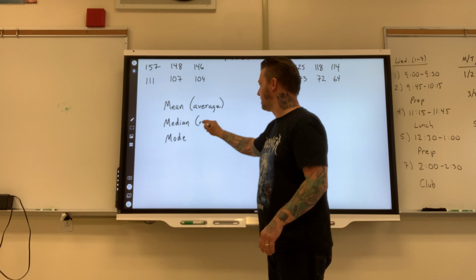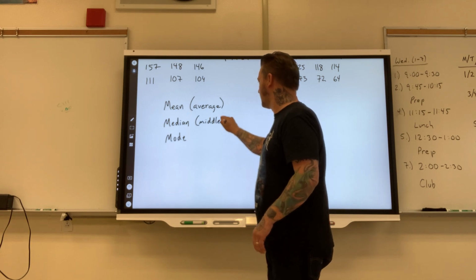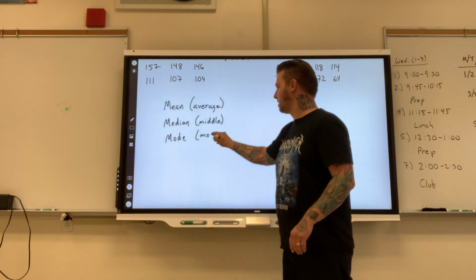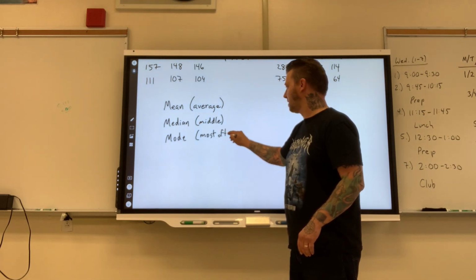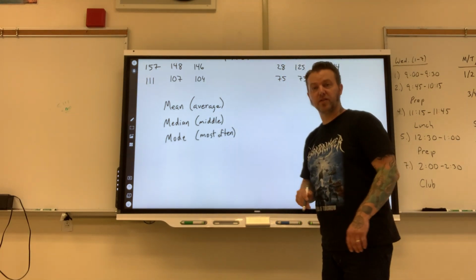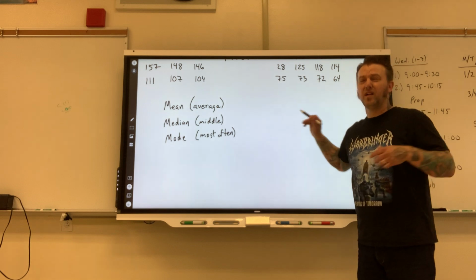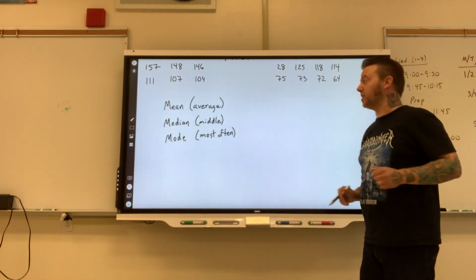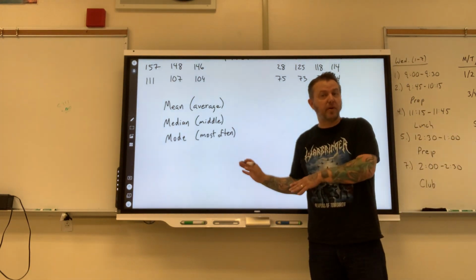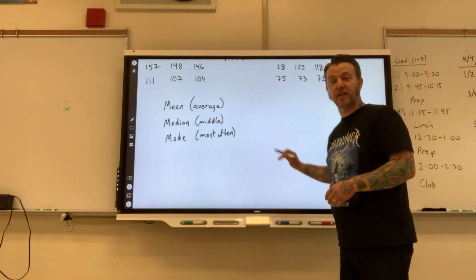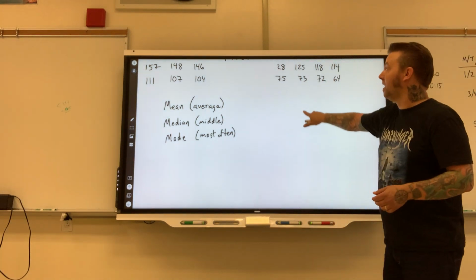The average, the middle, the one that appears the most often. Now, which is the best measure of center? It depends on what our data set is, okay?